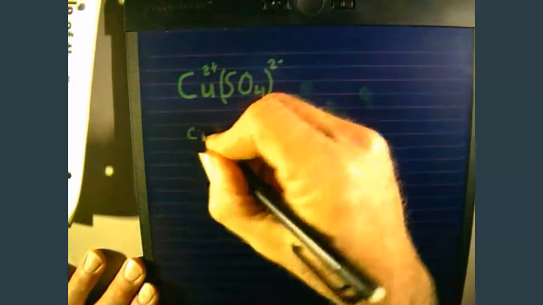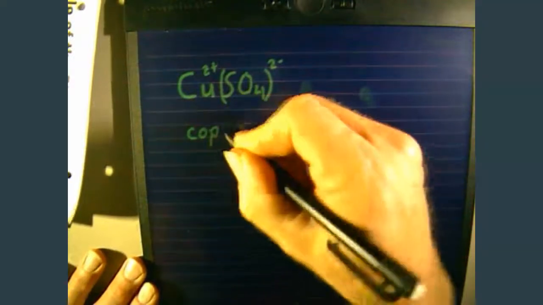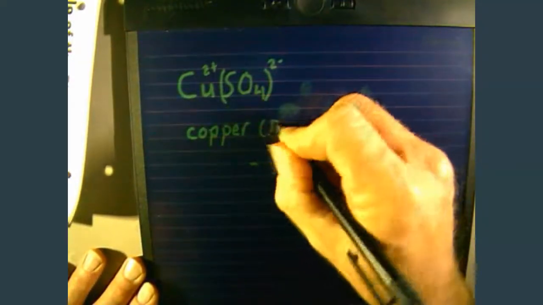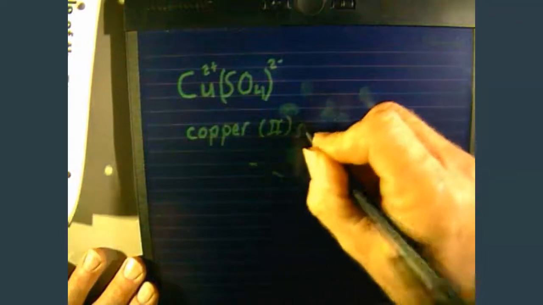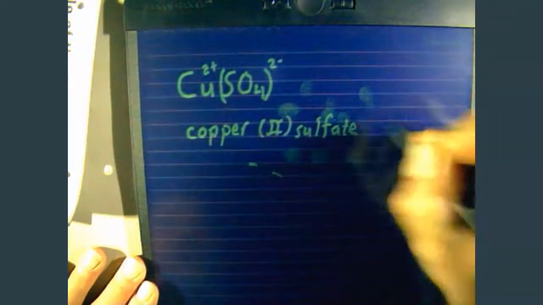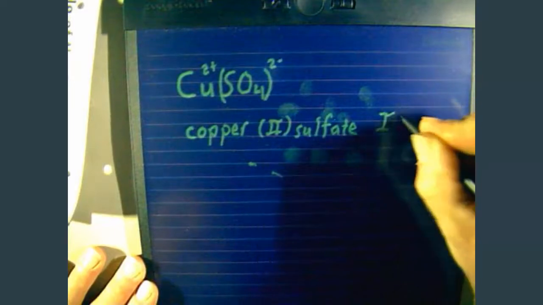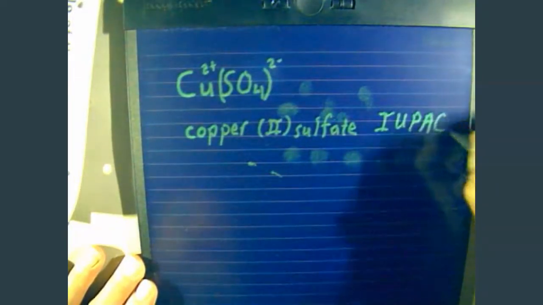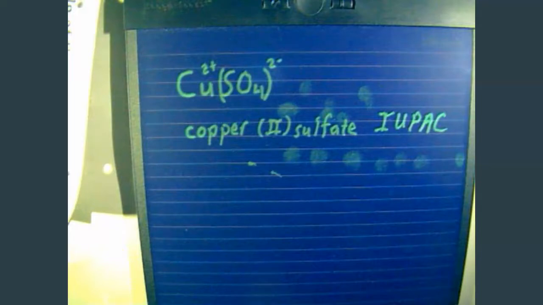And if we named it under IUPAC, it's going to be called copper 2 sulfate. Again, that would be International Union of Pure and Applied Chemistry, naming rules type 2.